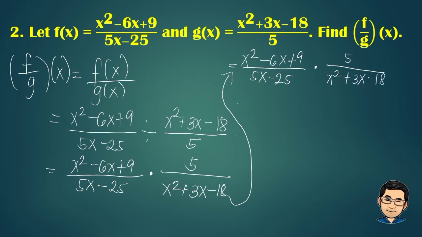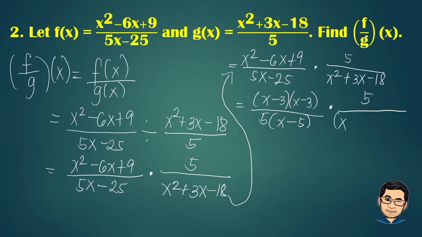Okay. And then we can factor out x squared minus 6x plus 9 using perfect square trinomial, x minus 3, or pwede rin naman x minus 3 then squared. Okay. So, and then 5x minus 25 using common monomial factor, 5 times the quantity of x minus 5, times 5 over the factors of x squared plus 3x minus 18, which are x plus 6 and then x minus 3.